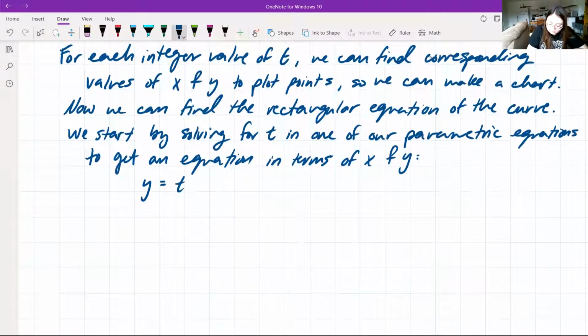So we get y is equal to t plus 4. Solving this in terms of t, we're solving this for t, so it's now in terms of y. We get t is equal to y minus 4. So now we can just plug this in for our equation x.